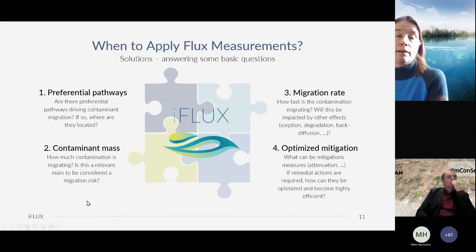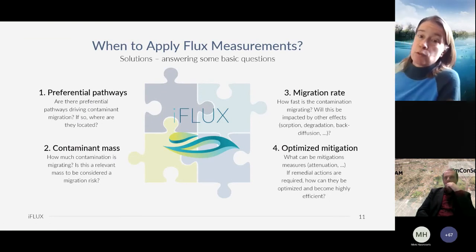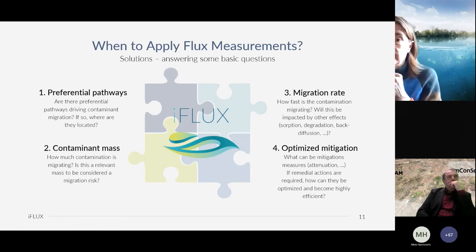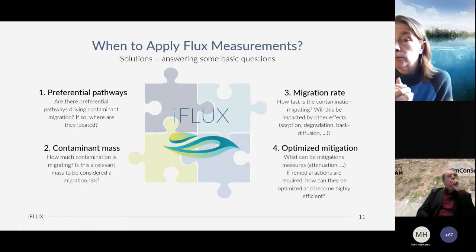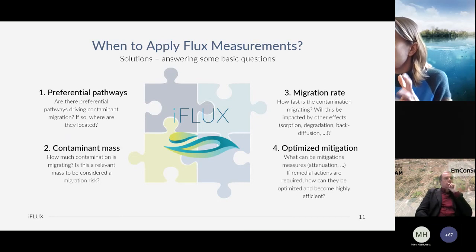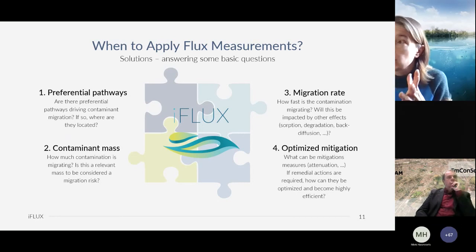So in the next slides, I would like to explain with two simple cases how flux measurements are used to answer some basic questions, as, for example, are there preferential pathways through which the contamination is spreading? How much contamination is migrating?